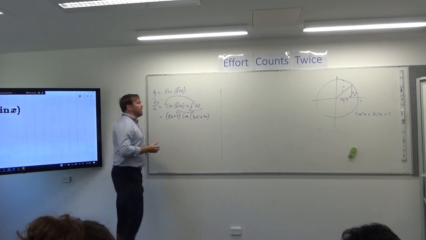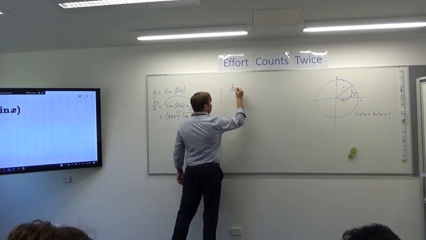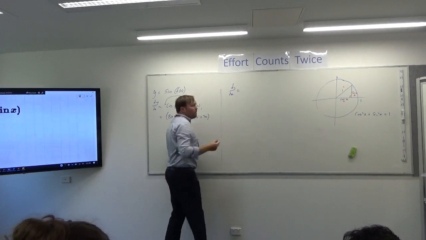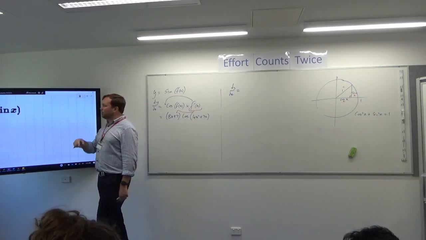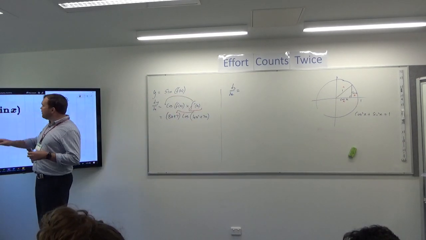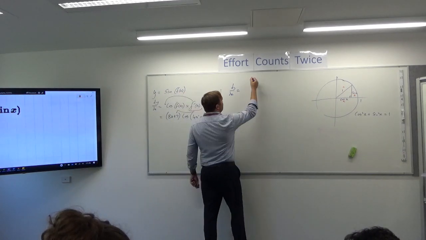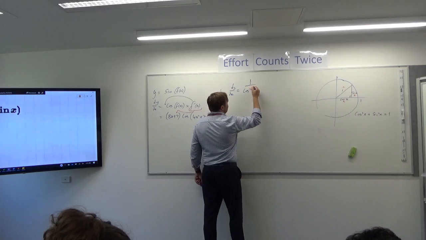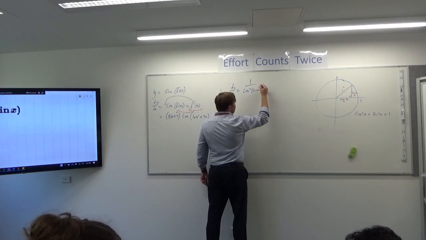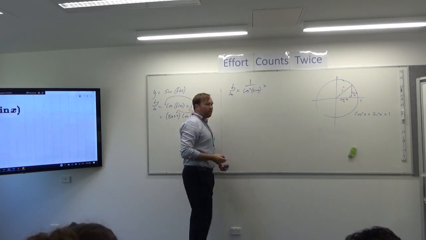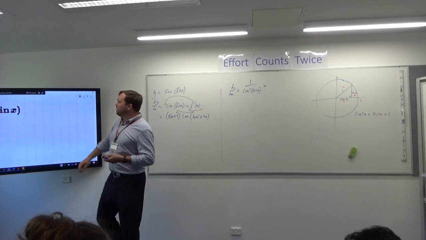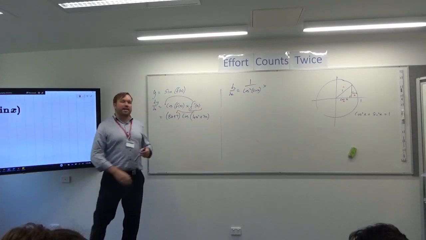So for dy dx, the derivative of tan is 1 on cos squared x. So here it's going to be 1 on cos squared sine x, multiplied by the derivative of the inner function, so it's simply cos x.